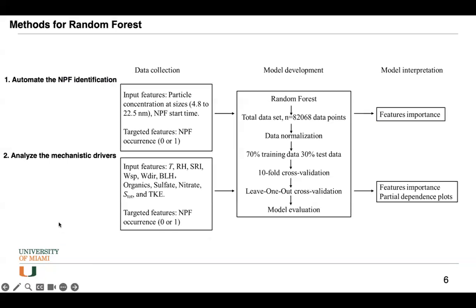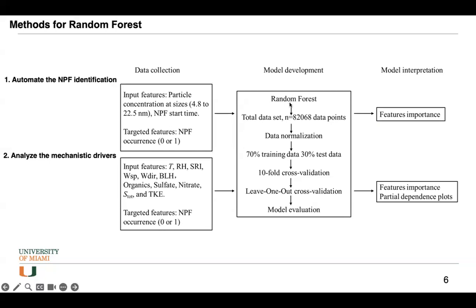Here, this slide shows the method for the random forest. We have two objectives, and for each study we have data collection, model development, and model interpretation. We have input features and target features, with new particle formation occurrence as 1 and no occurrence as 0.